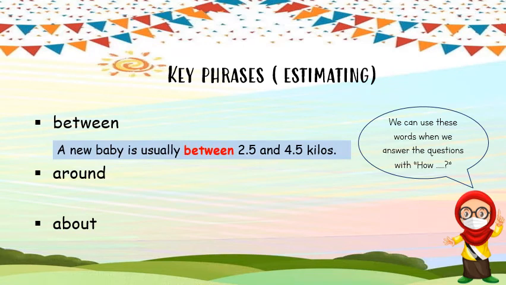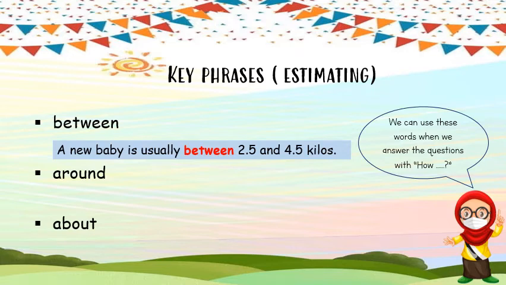A new baby is usually between 2.5 and 4.5 kilos. Between, di antara. Why do we use the word between? Because a new baby, semua baby bukannya lahir dalam berat yang sama. Berat berbeza-beza.